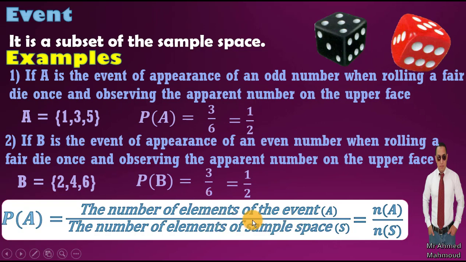I can abbreviate the number of elements of the event as n(A), meaning the number of elements of A, and the number of elements of the sample space as n(S), the number of elements of S. So finally, this is the main rule that I'm going to use in the following: the probability equals the number of elements of the event over the total number.